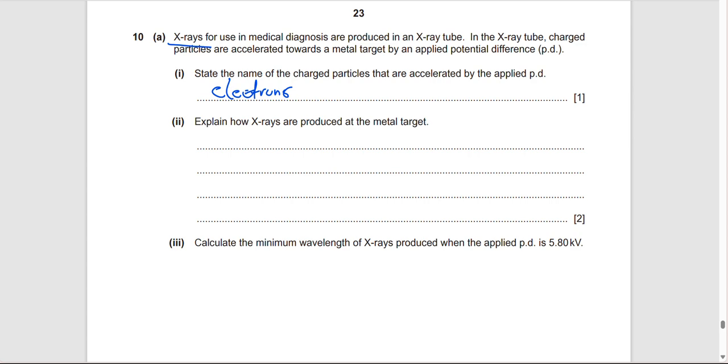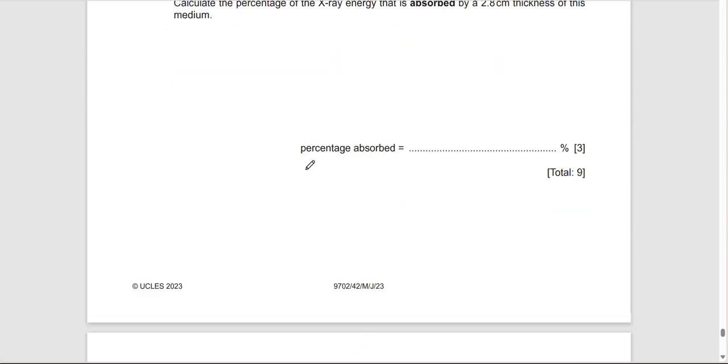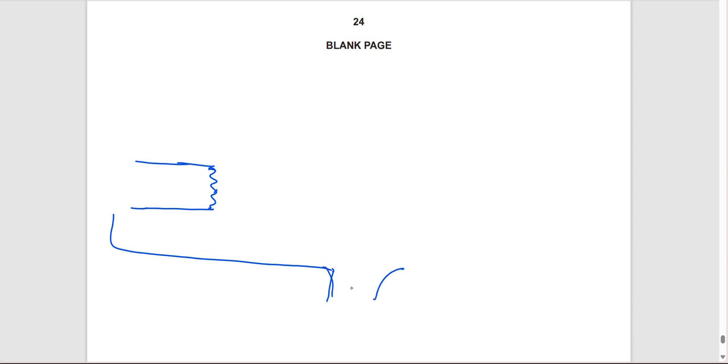So what actually happens is that we have electrons from the filament, which is heated, and by thermionic emission, in some form of a tube, something like that, then we have the target anode right there.